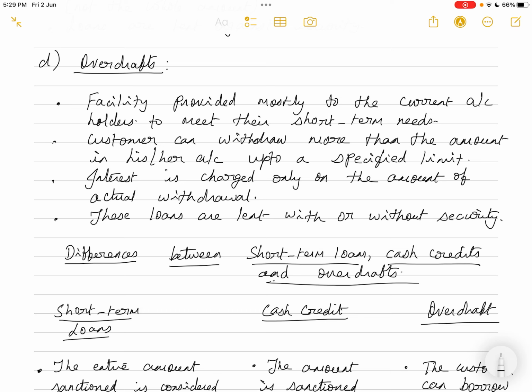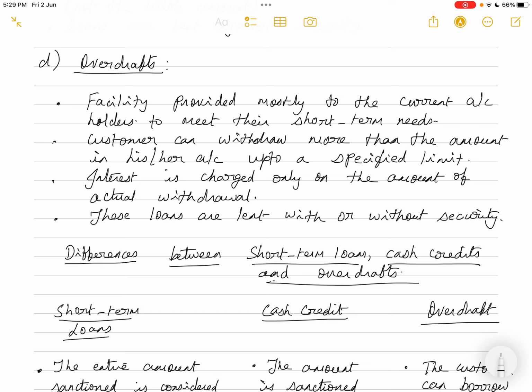The customer can withdraw the available balance plus extra, and only on the amount beyond the available balance is the rate of interest charged by commercial banks. And these loans are lent with or without security. Sometimes banks can provide overdraft facility to current account holders even without security.